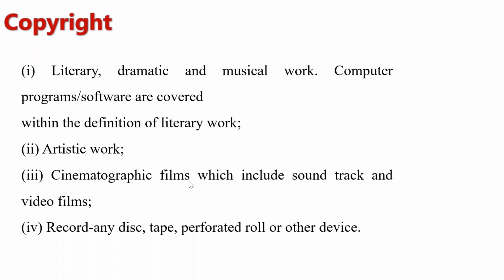And it also includes records, discs, and tapes. The important thing is that whatever sound or anything that we are talking about should be in a physical device. Then it can be copyrighted. In this category, as faculty doing research work, publications, research papers, and books are in this category.